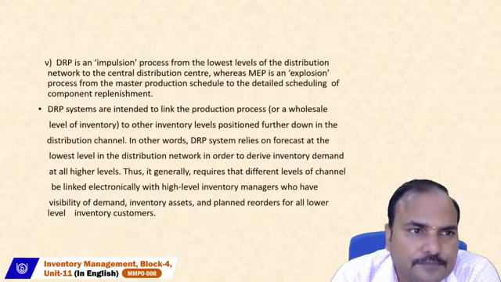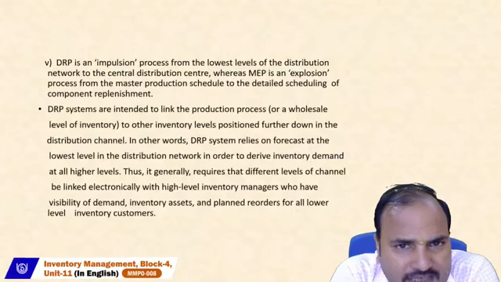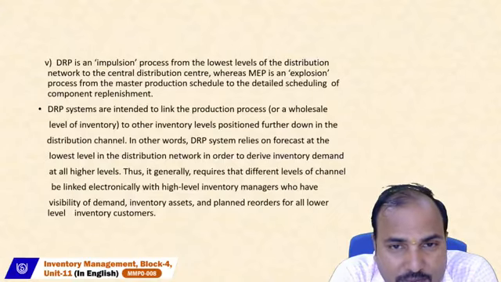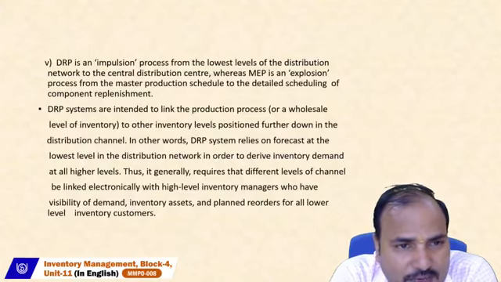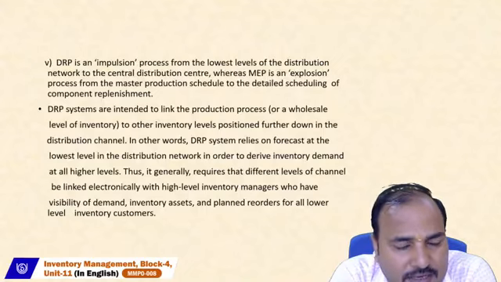Understood? DRP is an implosion process from the lowest levels of the distribution network to the central distribution center, whereas MRP is an explosion process from the master production schedule to the detailed scheduling of the component replenishment.